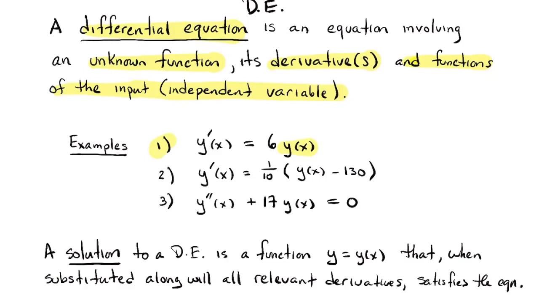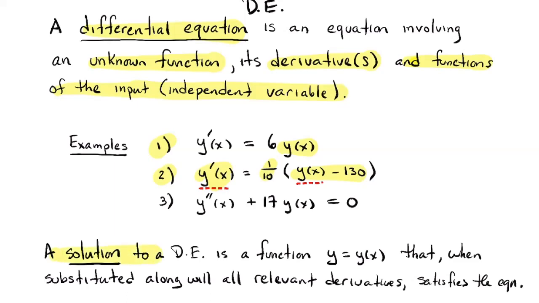Okay, here's another one. In the second equation, the unknown function satisfies that its derivative is 1/10 the difference of it and 130. So I'd be looking for some function that when I replace that function in this equation, and I replace its derivative there, I would want the expression to be true for all x. I'm talking about what's written down here on the bottom.